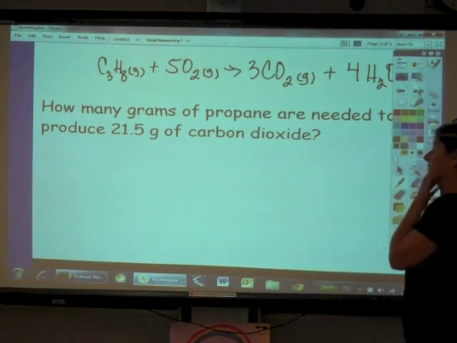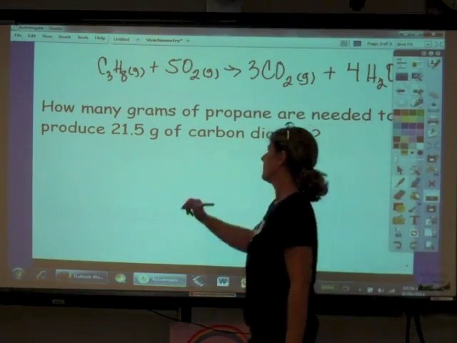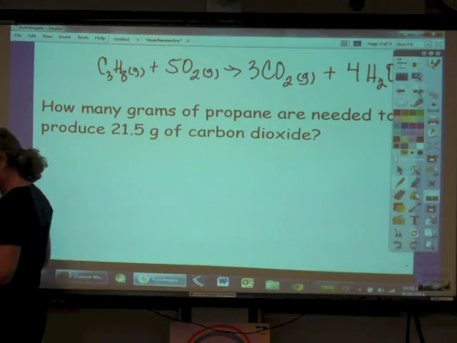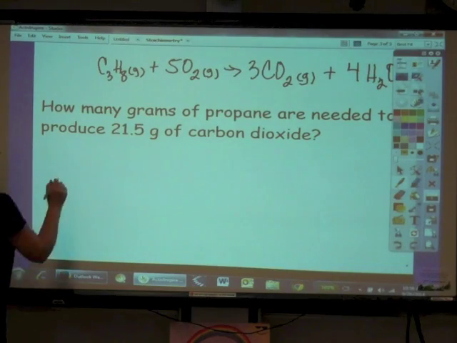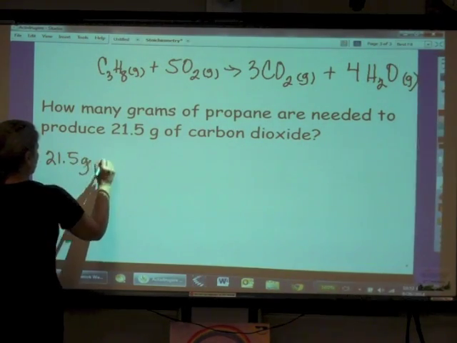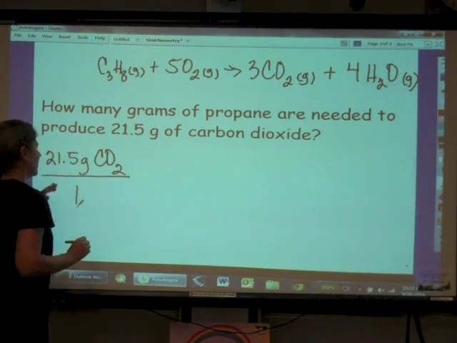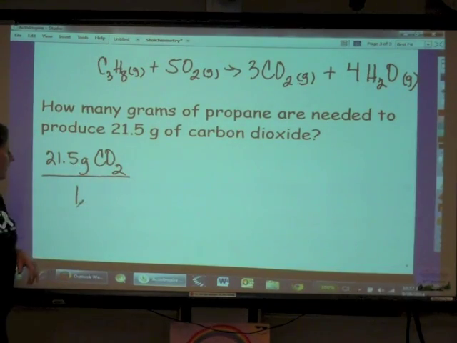Okay, so what are we given to start with here? 21.5 grams of carbon dioxide. So we're going to put that over 1. So it's 21.5 grams of CO2, and it's incredibly important that you write the units.